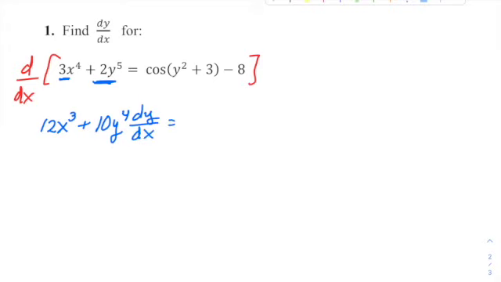Equals, and on the other side, you're doing the derivative of cosine of this quantity. So, hey, chain rule, just be very disciplined. What's the derivative of cosine of something? Negative sine of that something. And now multiplied by the derivative of that inner expression.